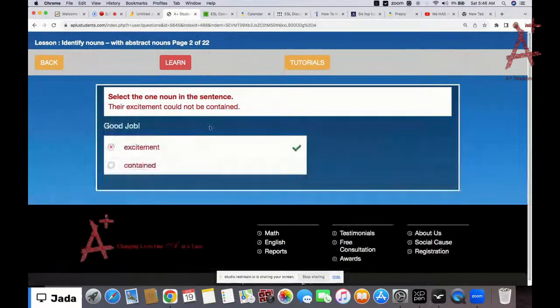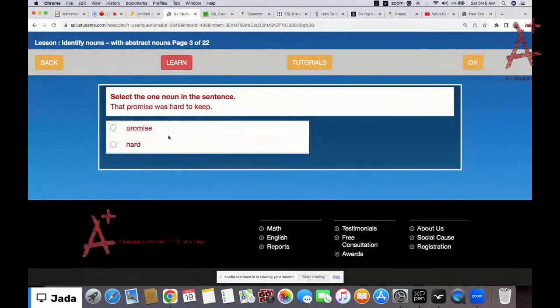All right. I hope that you understand me and I hope you're not distracted on the chat. Select one now in the sentence. That promise was hard to keep. So which one? Which one is abstract and which one is concrete? Is it promise or hard? Do you all say hard?